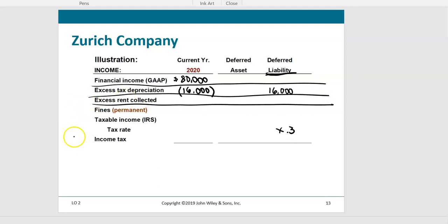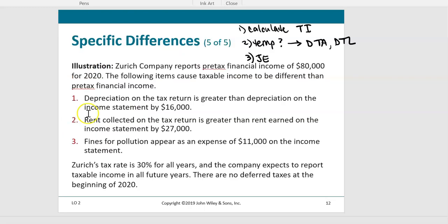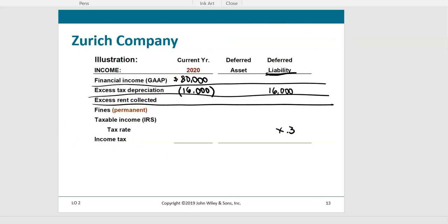Let's look at this second item, excess rent collected. Rent collected on the tax return is greater than rent earned on the income statement by $27,000. This means our taxable income is $27,000 higher than our book income. So are we adding or subtracting the $27,000? We are going to add that because our taxable income is higher.